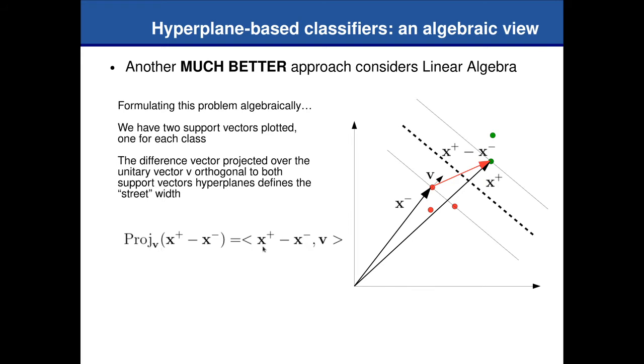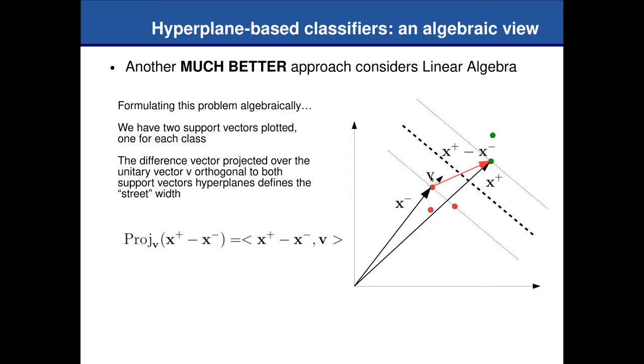The projection is just the inner product, or the dot product. So I compute the dot product of x plus minus x minus with V, and I will proceed with this projection, okay?